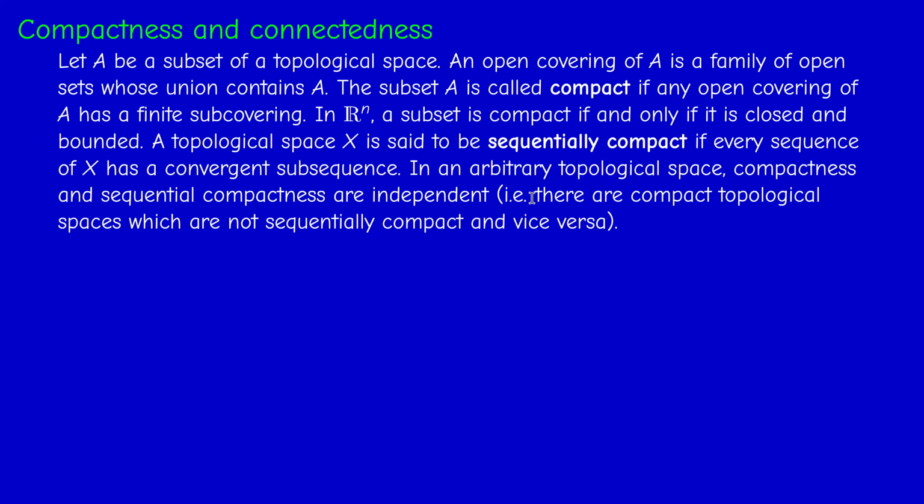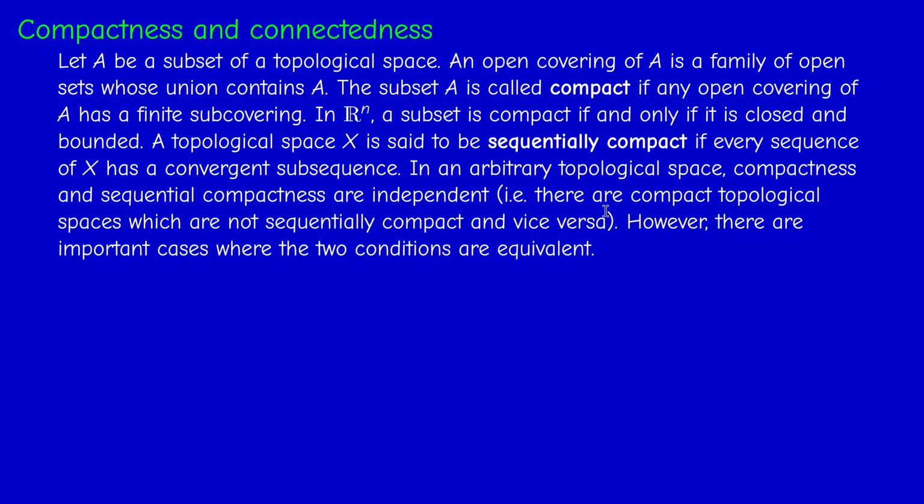But we know from Math 201 that these two conditions are equivalent in a metrizable space. This is a non-trivial result. It's hard to prove, actually, and I don't always give the proof in class. So in metrizable spaces, we have two characterizations of compactness, the open covering definition and the sequential definition.